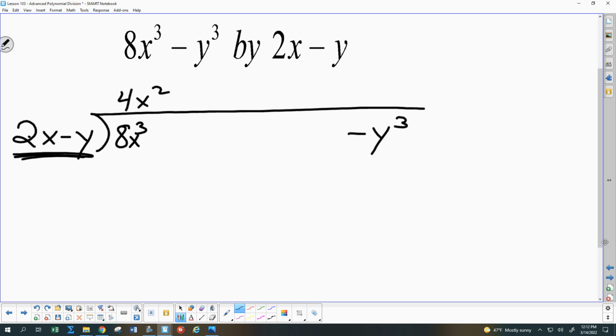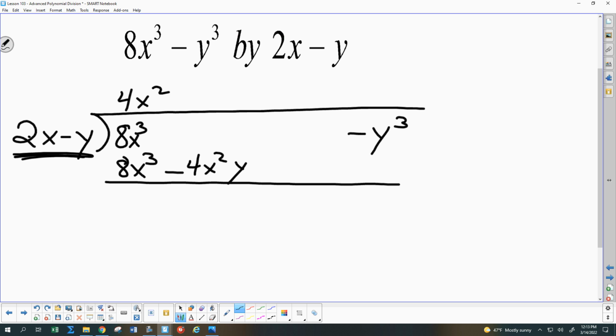Multiply it by the 2x and multiply it by the minus y. 4x squared times 2x is 8x cubed. Plus times minus is a minus, 4x squared y. So before subtracting, is everybody getting 8x cubed minus 4x squared y?